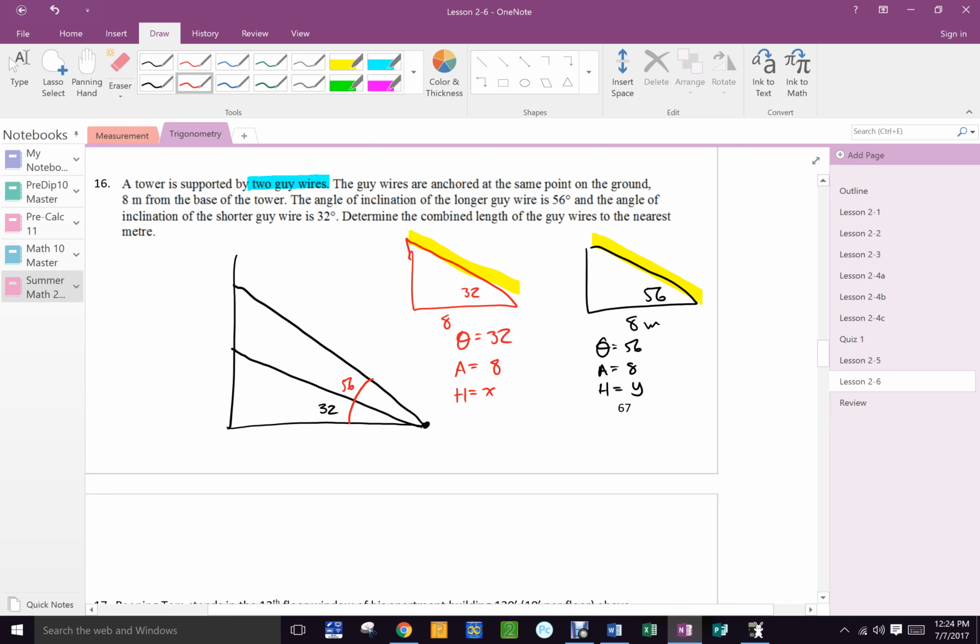So then, cos 32 equals 8 over x. Letter on the bottom, so what is it? 8 divided by cos 32 equals x. And over here, we know it's going to be 8 divided by cos 56 to get y. What do I do with those 2 numbers? Add them.